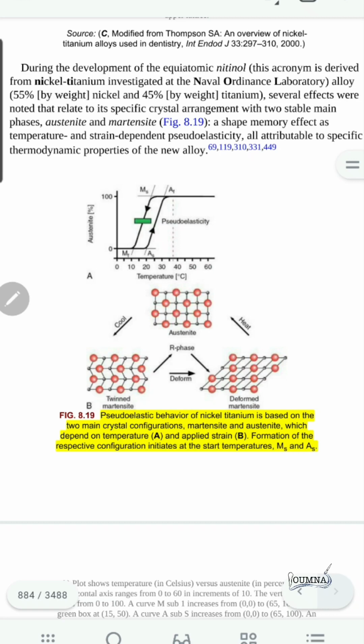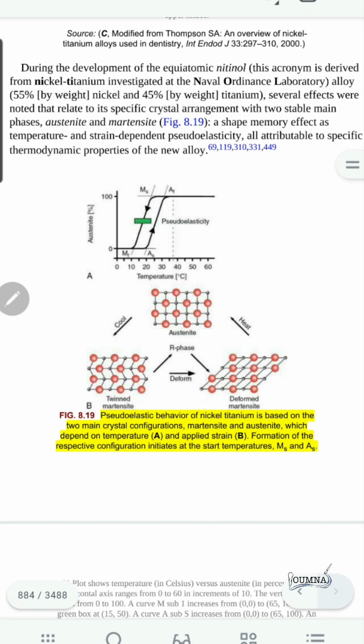Its molecules can be arranged in two different shapes, the austenite and the martensite, and depending on the circumstances, it goes from one to the other, or the opposite.